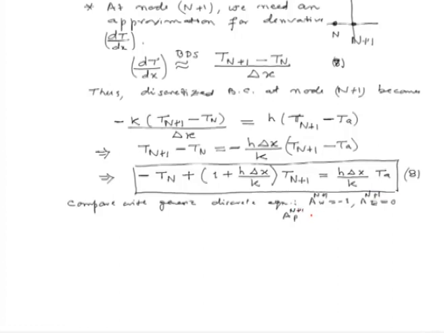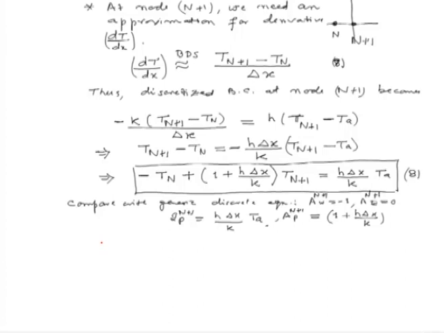So, AP n plus 1 is equal to 1 plus h delta x by k, and our QP n plus 1 is h delta x by k times Ta.